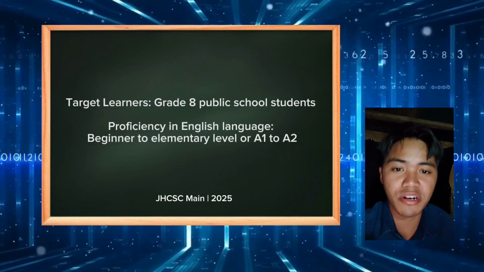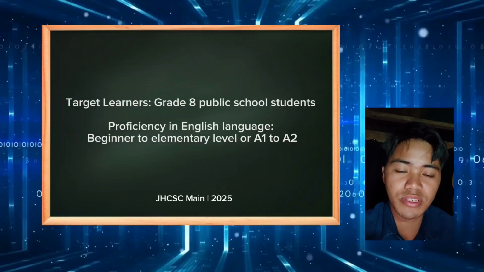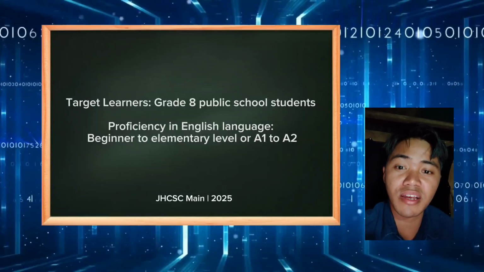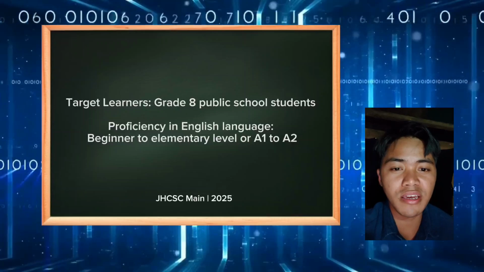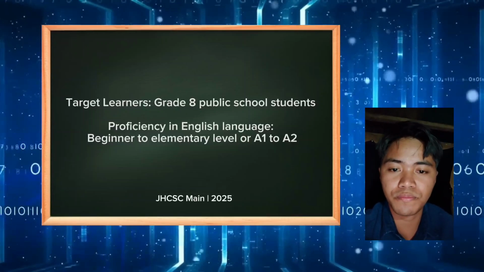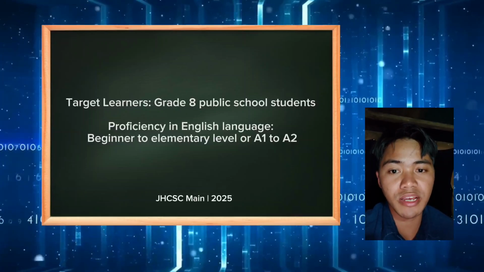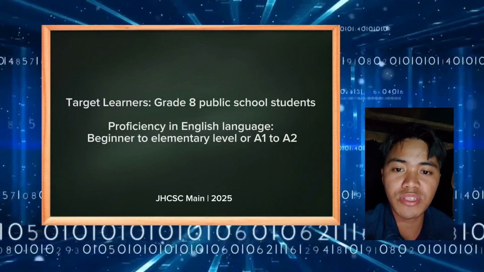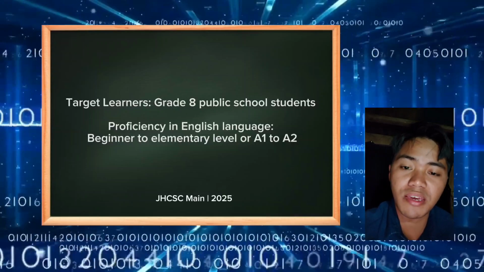Let's start with our learners. This unit targets grade 8 public school students, most of whom have beginner to elementary level English proficiency, or the CEFR, call it A1 and A2. They can understand simple expressions and respond to basic questions, but they often struggle with fluency and confidence, especially in speaking.